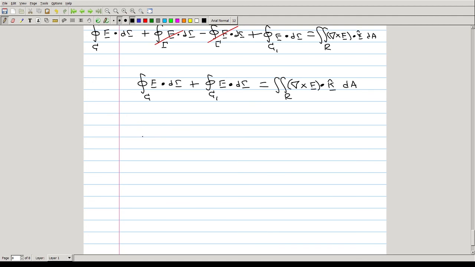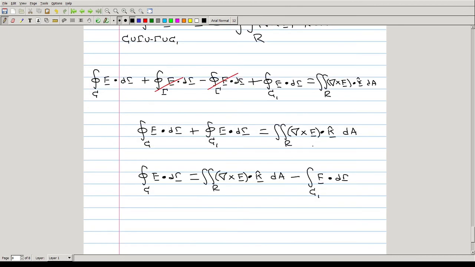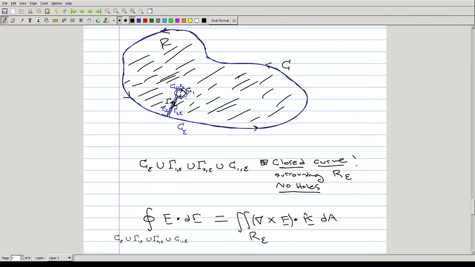So specifically, another nice way of writing this would be that for any boundary contour C, if your region has one hole in it, then the line integral, the circulation of the vector field F around that C is going to be the double integral of the curl in your region minus the integral of f dot dr over C1, where C1 is a closed contour that surrounds that hole.